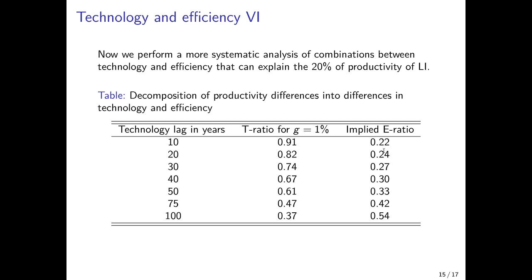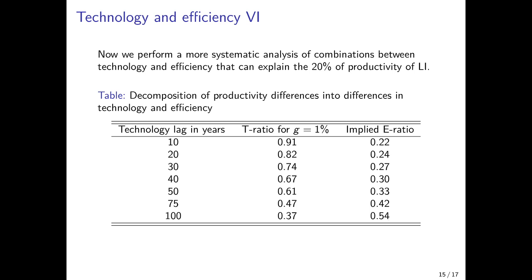And now we can compute for each of these technological differences the implied efficiency ratio. And for 10 years, we already know it would imply that the low-income country has 22% of the efficiency of the high-income country. For a gap of 20 years, it would be 24%. For 30 years, 27%, and so on. And for 100 years, 54%.